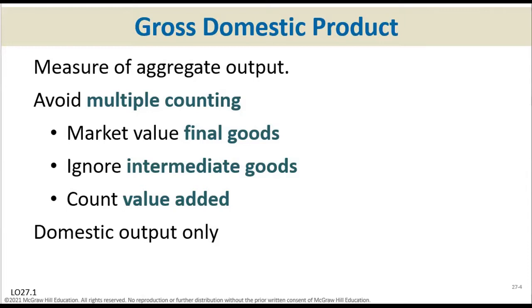If it's a car, you count the value of the car and add it to GDP, so you don't need to add the value of the tires, the interior, or the body of the car. You wait until the final product and account for it, ignoring all those intermediate steps in the process. Another way to avoid multiple counting is to count the value added at each step of the production process.